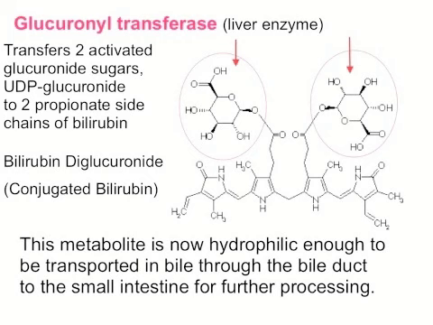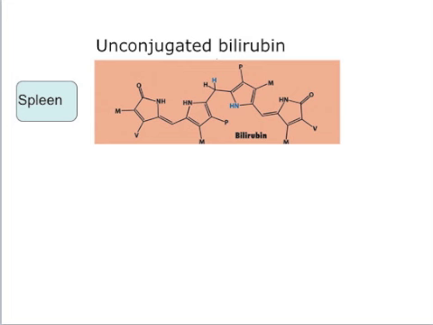And now this metabolite is hydrophilic enough to be transported in bile through the bile duct to the small intestine for further processing. And so before we go any further, let's go over again the differences between unconjugated and conjugated bilirubin. First of all, we start out with bilirubin that's formed in the spleen from biliverdin.